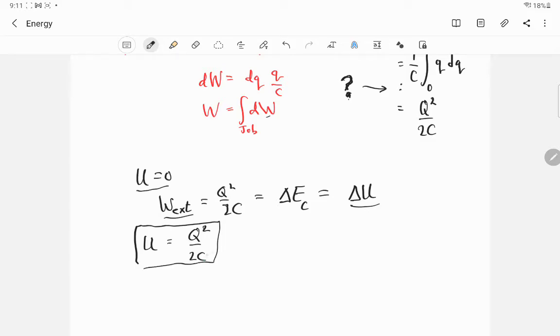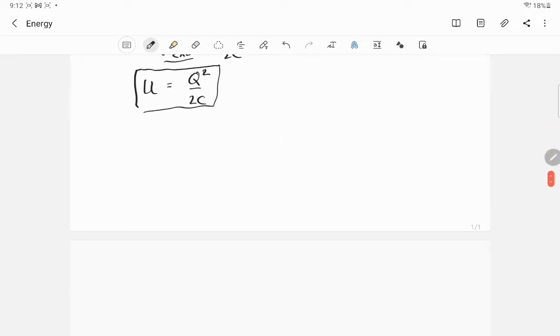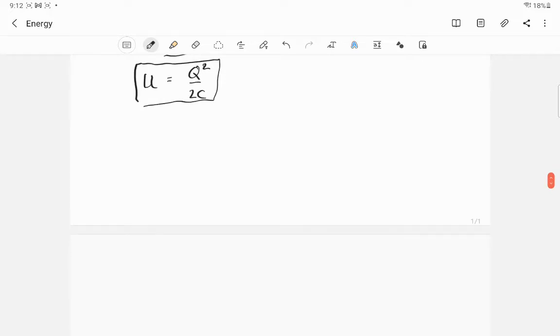If you know the capacitance, which is going to come in some number of farads, then if you caused a charge separation of capital Q across whatever capacitor you had, then the energy that you're going to store up is this.